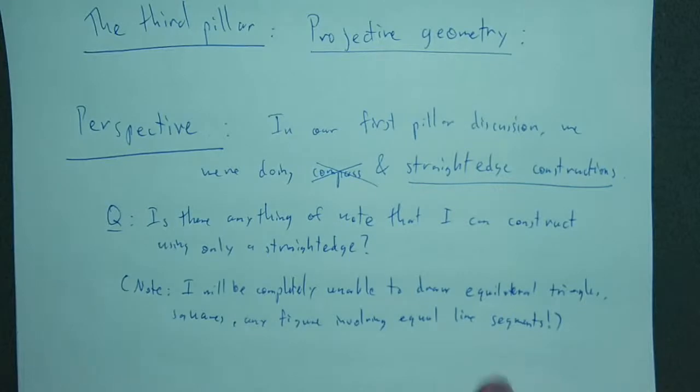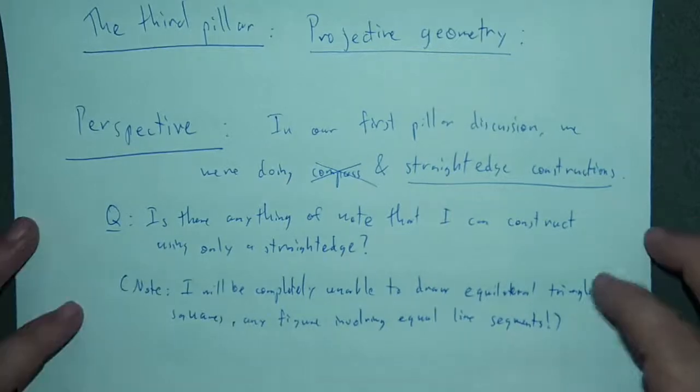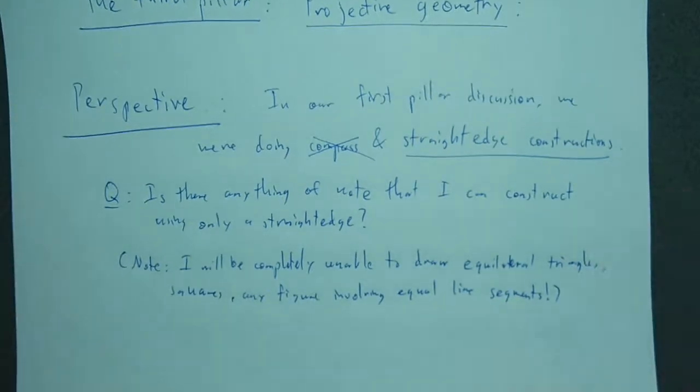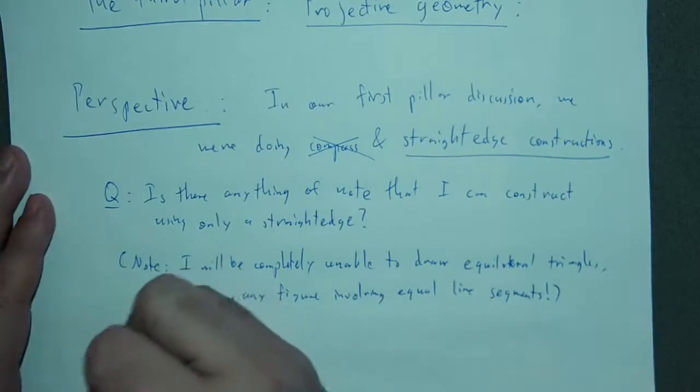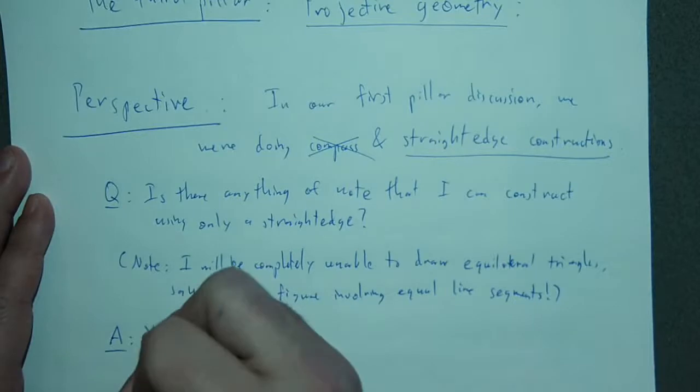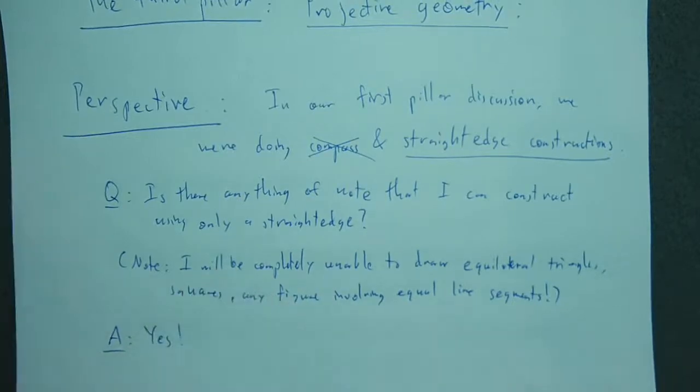And so I can't actually construct any of these basic things. The equilateral triangle is literally the first thing we constructed, day one of class. So if I can't draw these very basic things, then what can I hope to draw? It turns out, yes, I can draw something of note.